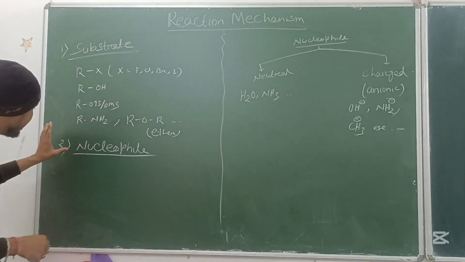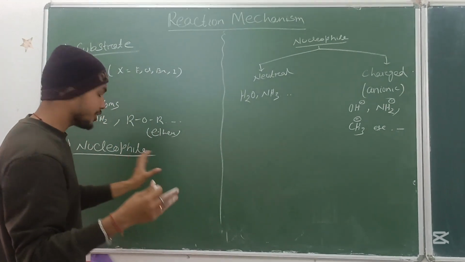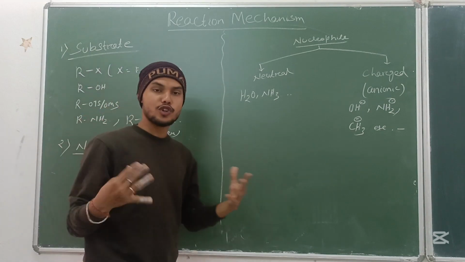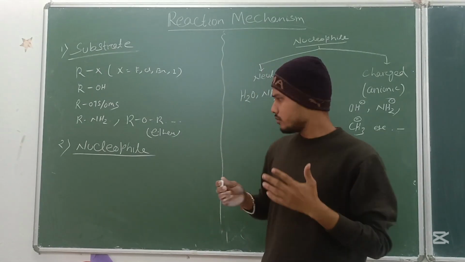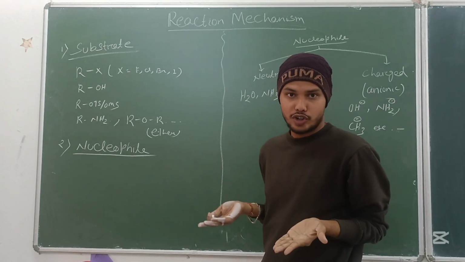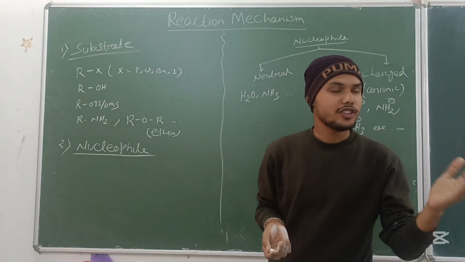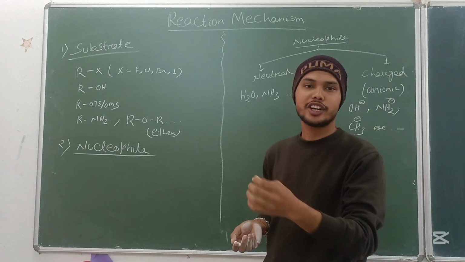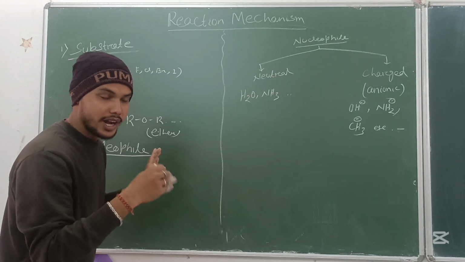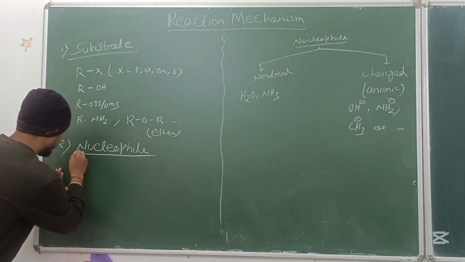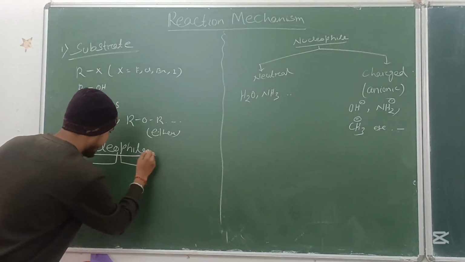Okay. So let's come to the second concept, that is nucleophile. What do you mean by nucleophile? Sometimes we are confused about the nature of a nucleophile. That means whether it is an electron rich species or an electron deficient species. So from the word nucleophile, I divide it into two terms: one is nucleo and one is phile.